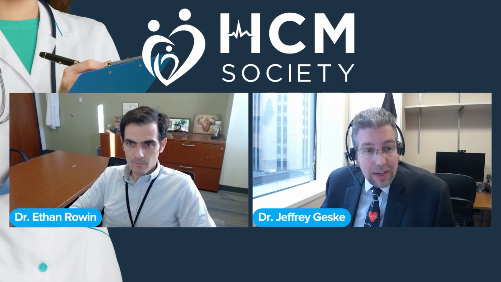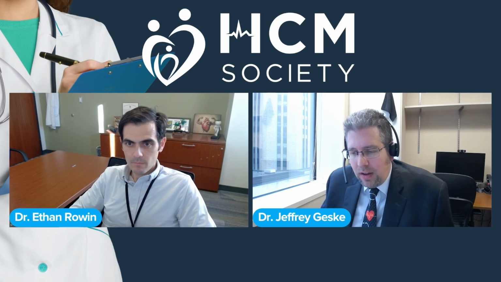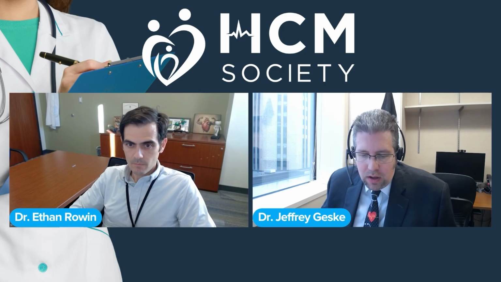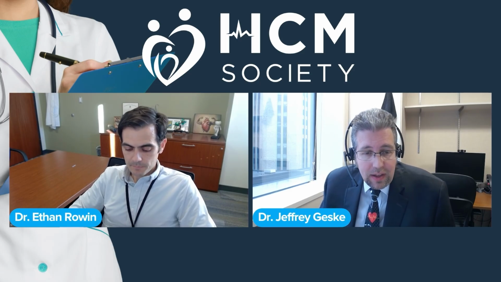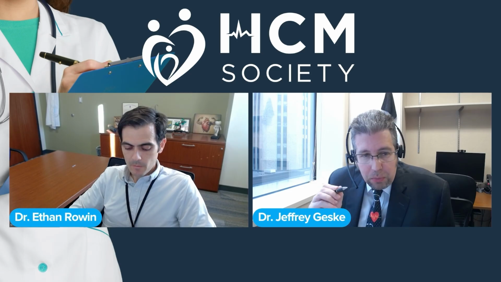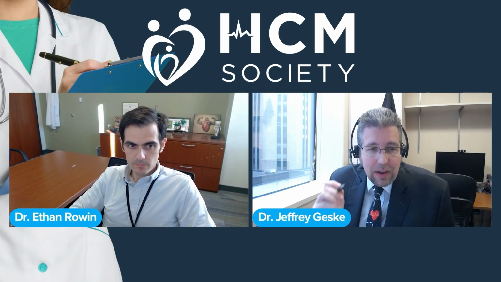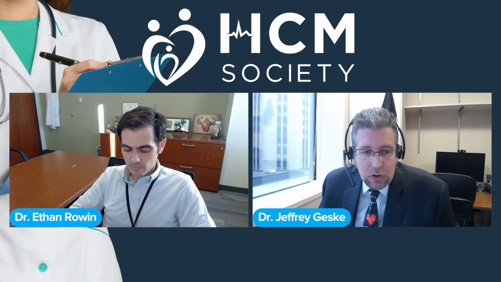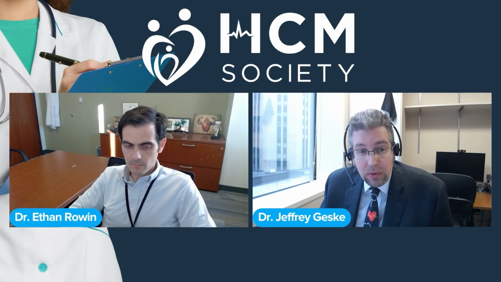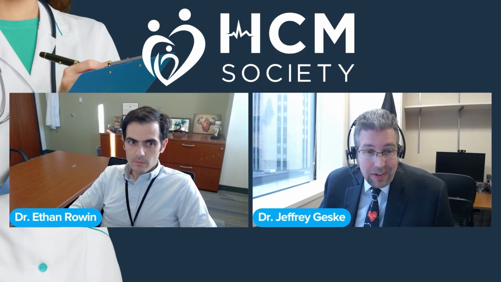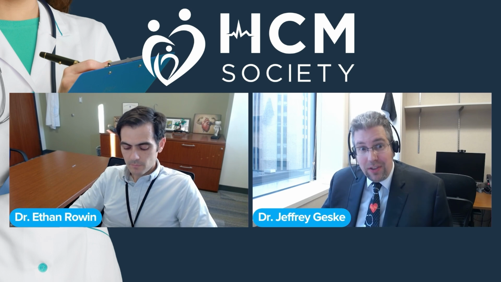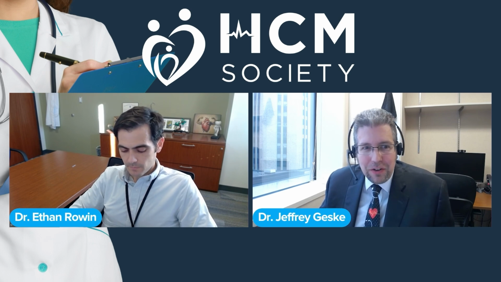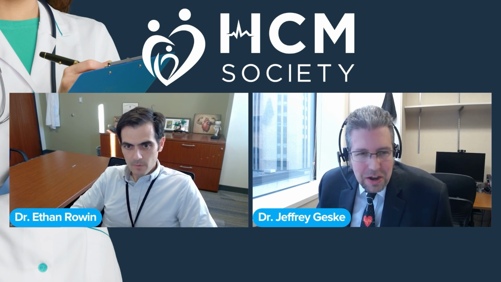We're looking into that a bit, but I do think it's key, especially as we talk about clinical impact and treatment decision making, to recognize that it's not necessarily having a little bit of an extra cavity there at the apex. It's more so about making sure that it truly is an apical aneurysm, which brings us to another topic: how do we actually image these and figure out that difference?